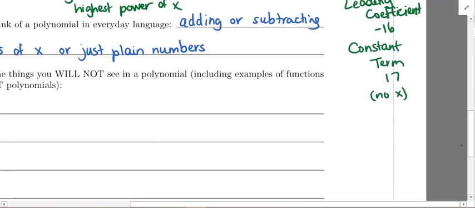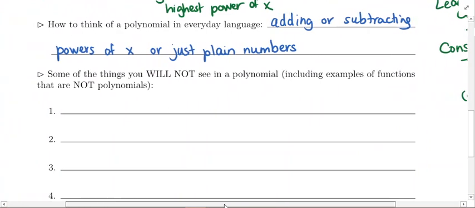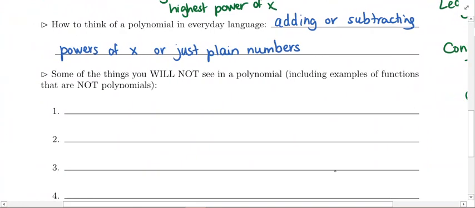I want to take a minute to tell you some of the things that you will not see in a polynomial, and I will give you examples of functions that are not polynomials as we build this list. The first thing you will not see in a polynomial is negative powers of x.